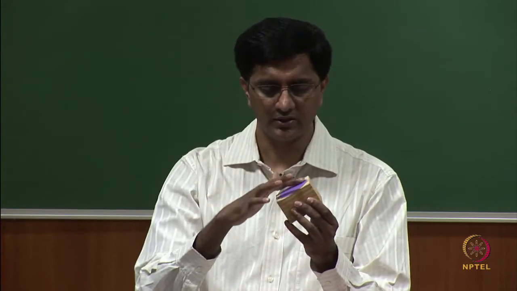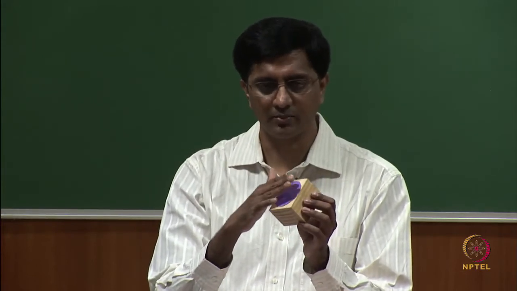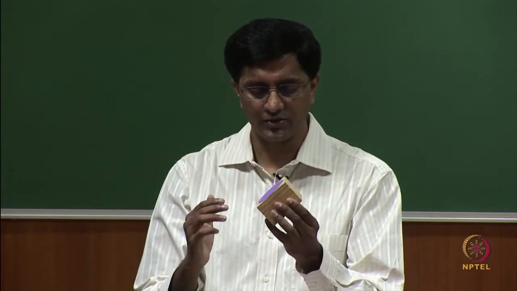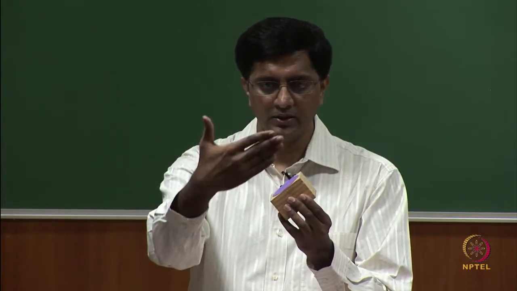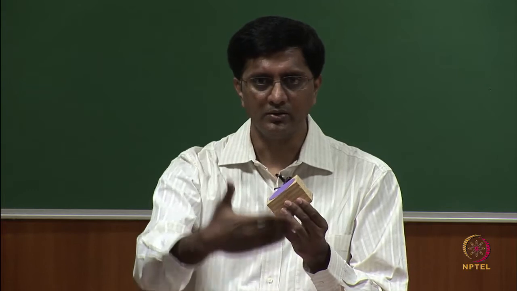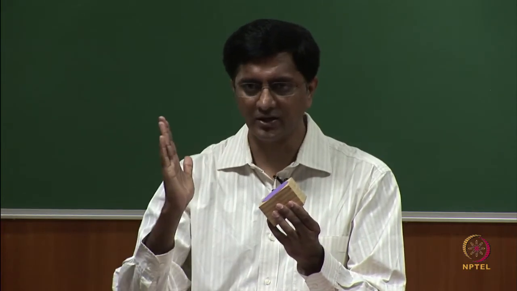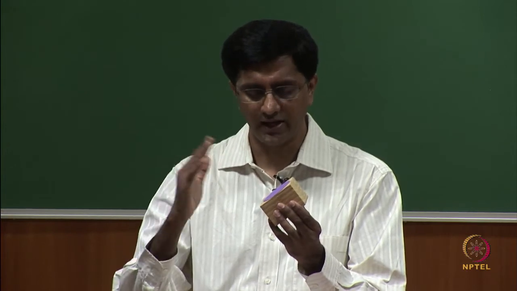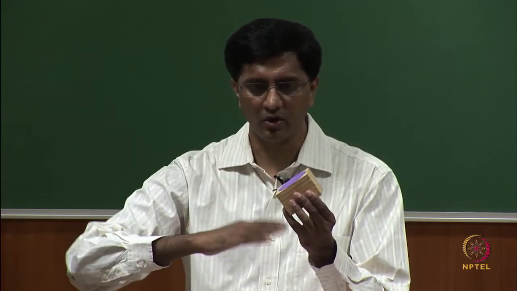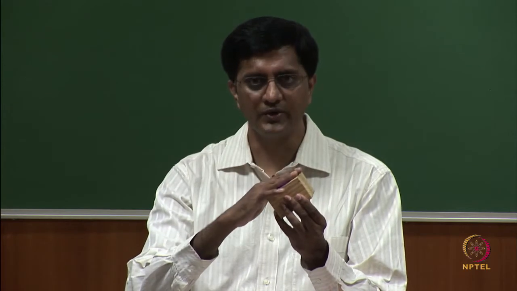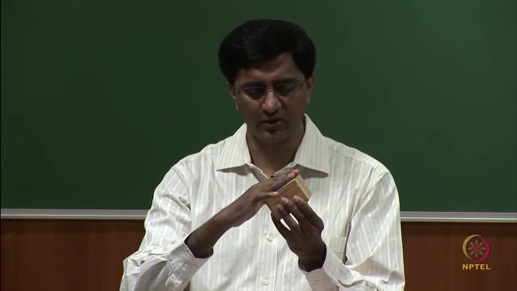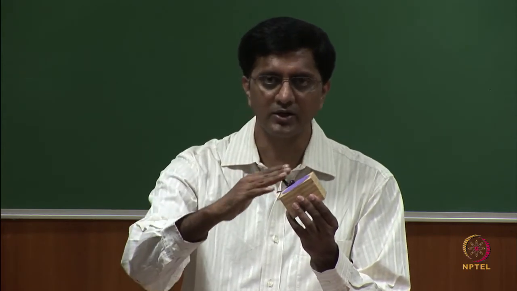So, this surface, the surface where I have this circular patch, when it is oriented in this direction, it is perpendicular to the vertical plane, but it is at an angle to the profile plane as well as at an angle to the horizontal plane.